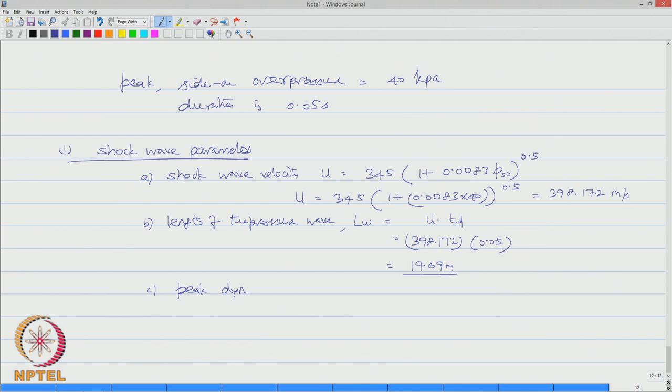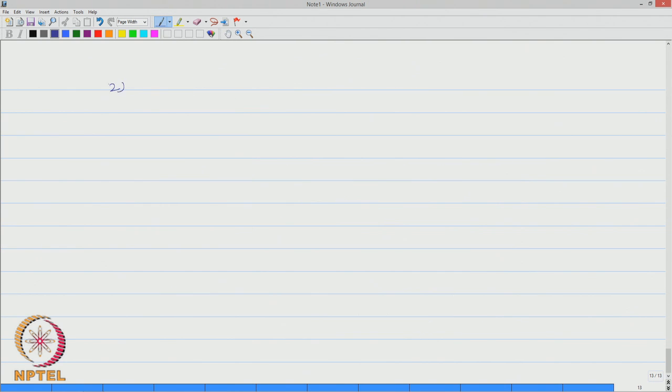The peak dynamic wind pressure is Q naught given by 0.0032 of PSO square, 0.0032 of 40 square, which is 5.12 kilopascal. The second one is to compute the front wall load.